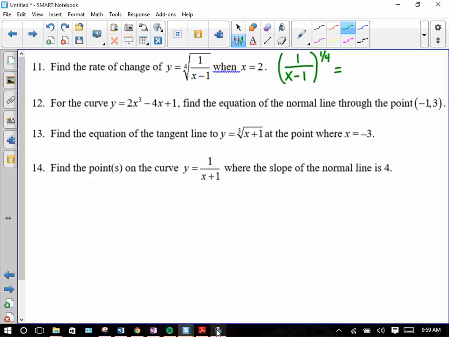So it's going to be 1 times x minus 1 to the negative first power, and then to the fourth power. Or if you multiply them, that's going to be equal to x minus 1 to the negative 1/4 power, and then you take the derivative. Okay?